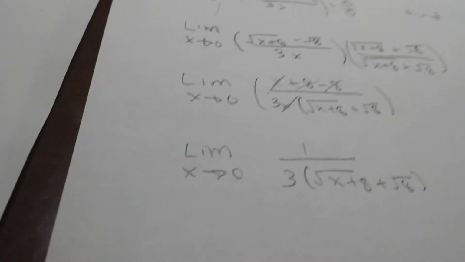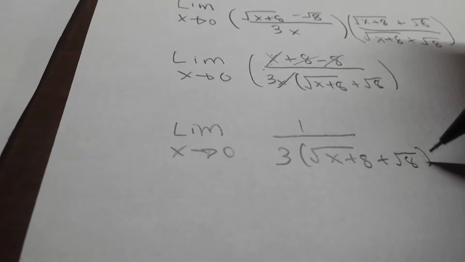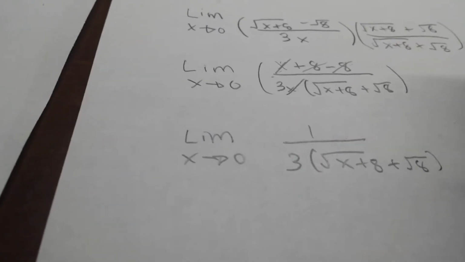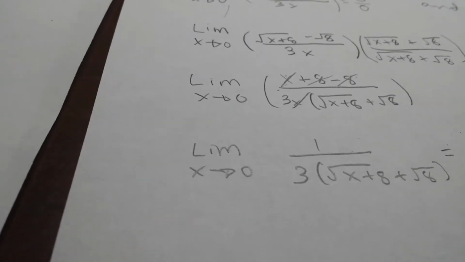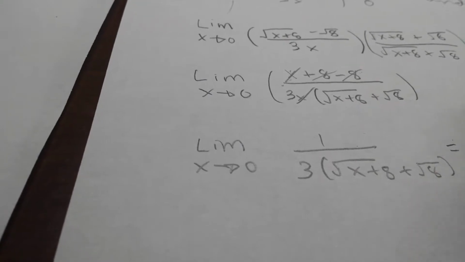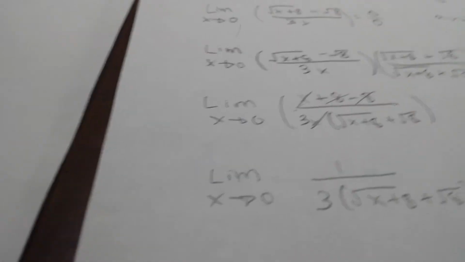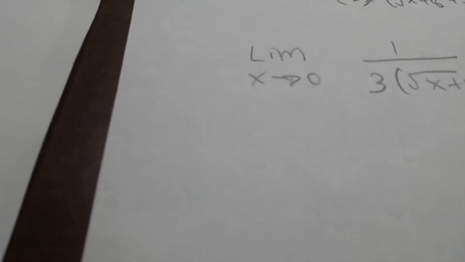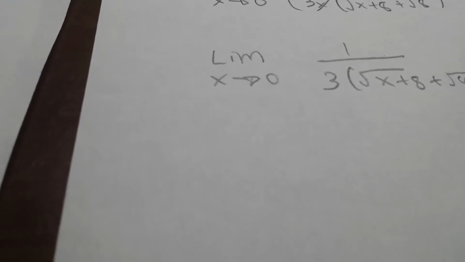You replace the 0 and now you obtain square root of 8 plus square root of 8, that is 2 square root of 8, times 3, and 1 is over everything, that is 3 times 2 times square root of 8, and in the end you will obtain 1 over 6 square root of 8.